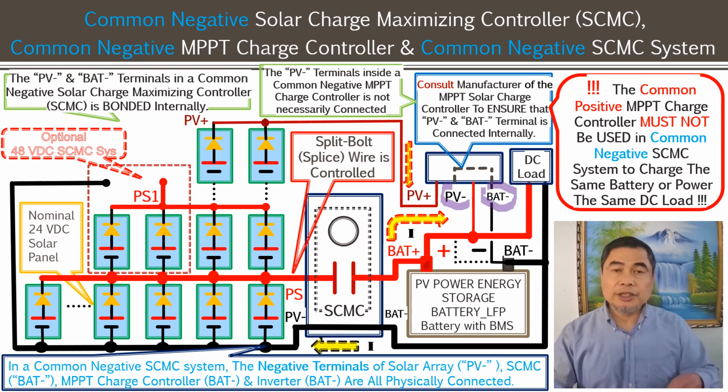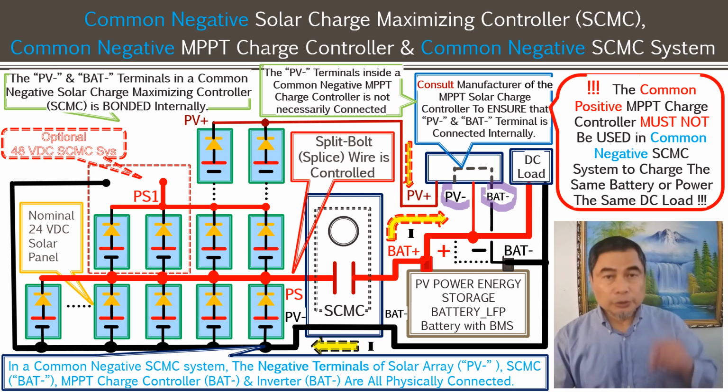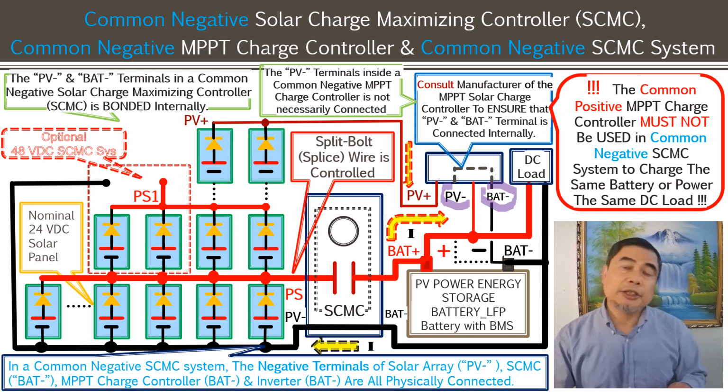If you see continuity there, the ohm meter beeps when you check the continuity, that will tell you that PV negative and battery negative are actually internally connected. So you can assume that the MPPT solar charge controller is a common negative design.